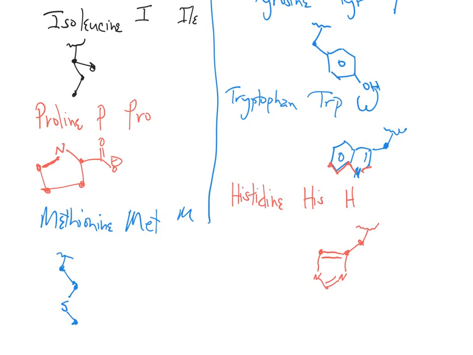Even though a lot of times I'll show it on one nitrogen, it's actually shared because that double bond can swing from side to side. So it's aromatic, it's basic, which means it can be positively charged. It's got special pKa's.